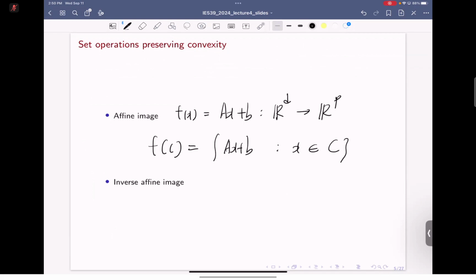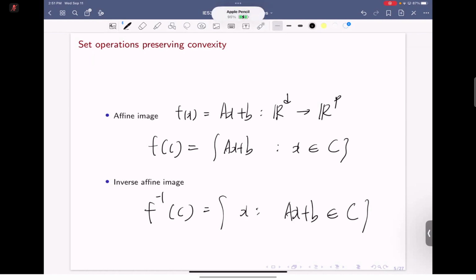And the affine inverse image is the following. So we use the same affine mapping. What we do is we take a vector x whose affine mapping belongs to the set C. So Ax plus b belongs to set C. So this is the inverse procedure.